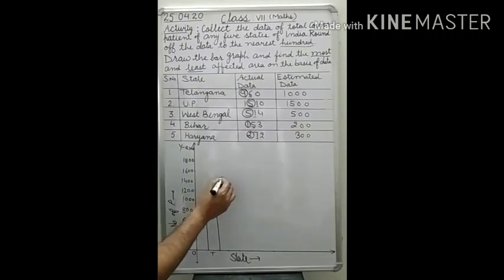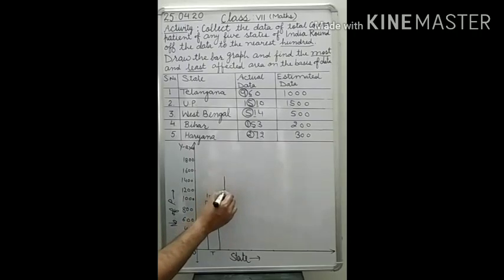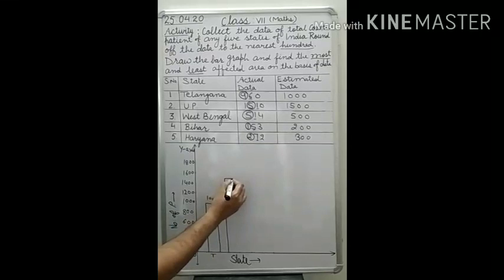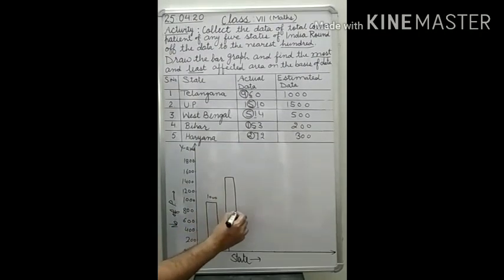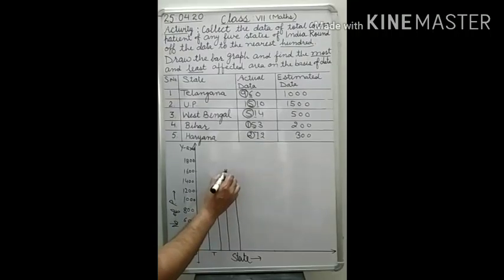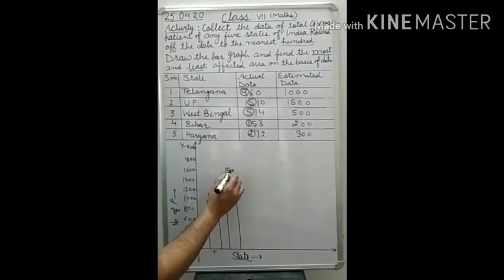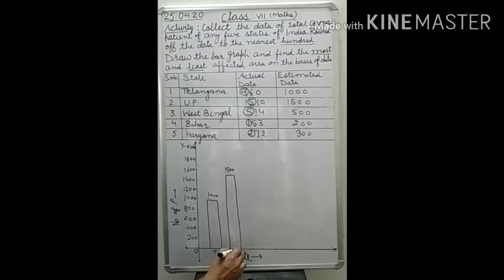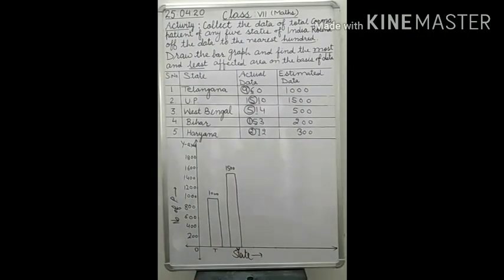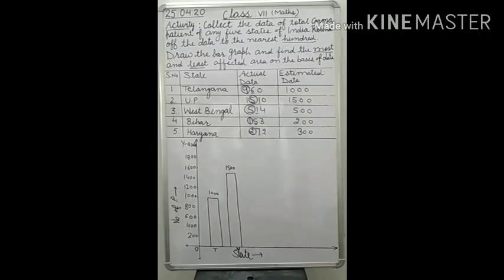The width of the bar and the gap of the bar must be the same. So this will represent UP. Here we will write U. Then next is West Bengal.